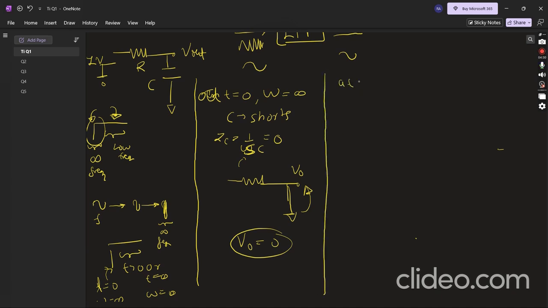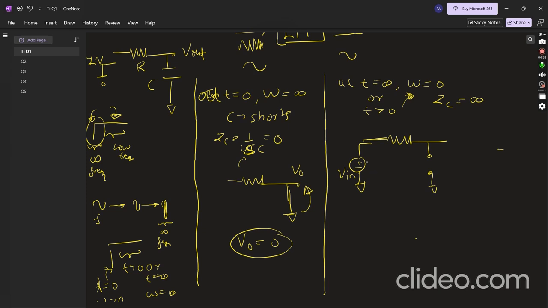At t equal to infinite, or t greater than 0, omega is 0. So when omega is 0, the impedance of the capacitor becomes infinite. The circuit behaves like an open circuit, and this is the input.